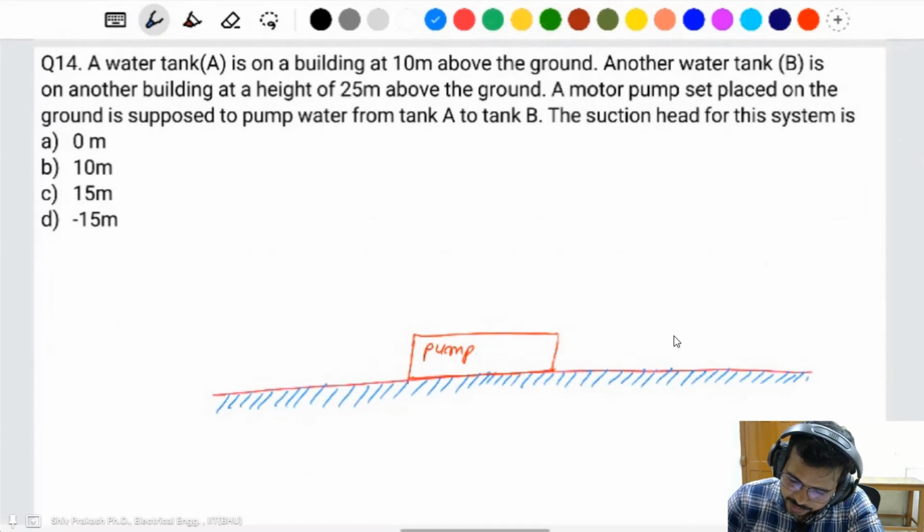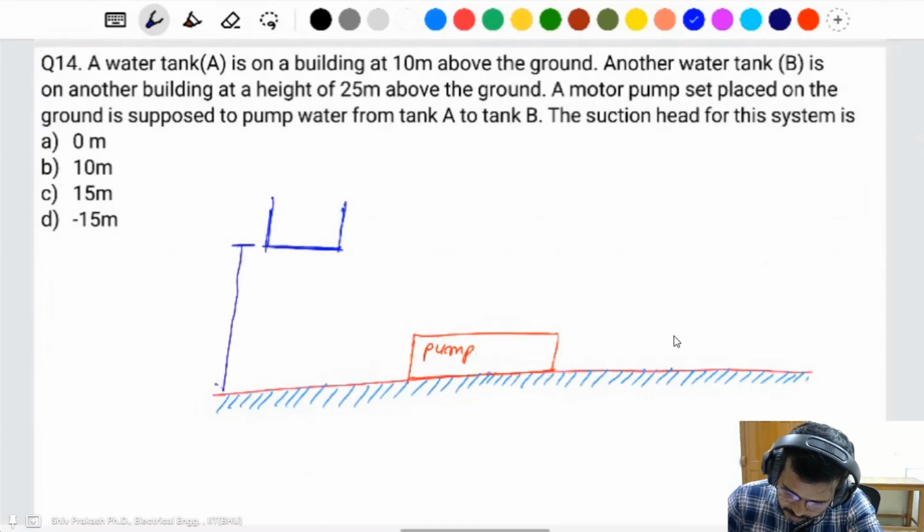A building is here with a tank at a height of 10 meter, and another building there at a height of 25 meter.